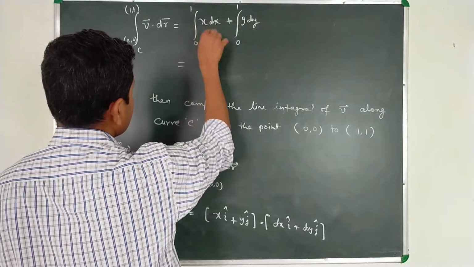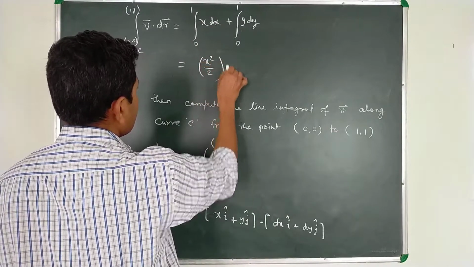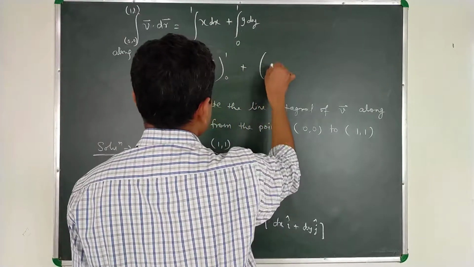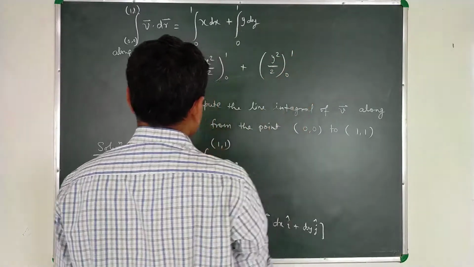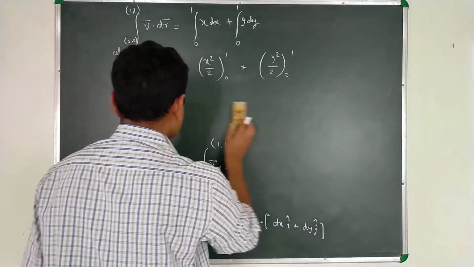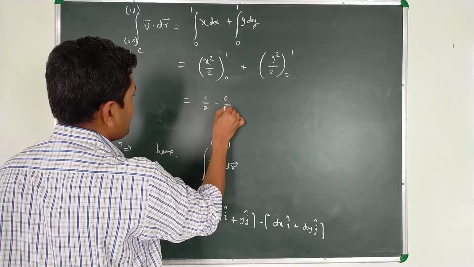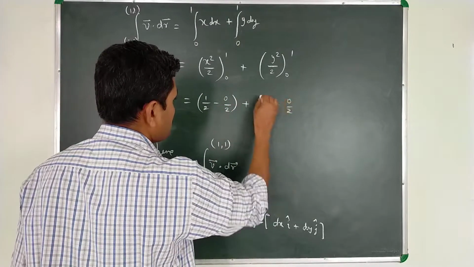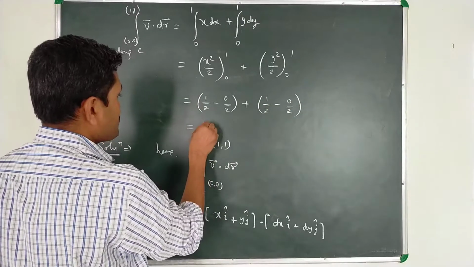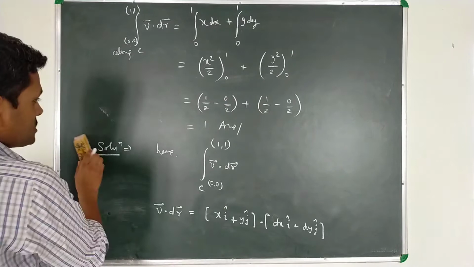So this will be equal to x square by 2 from 0 to 1 plus y square by 2 from 0 to 1. So finally what we are getting here is 1 by 2 minus 0 by 2 plus 1 by 2 minus 0 by 2, or 1 by 2 plus 1 by 2, that is 1. This is your answer.